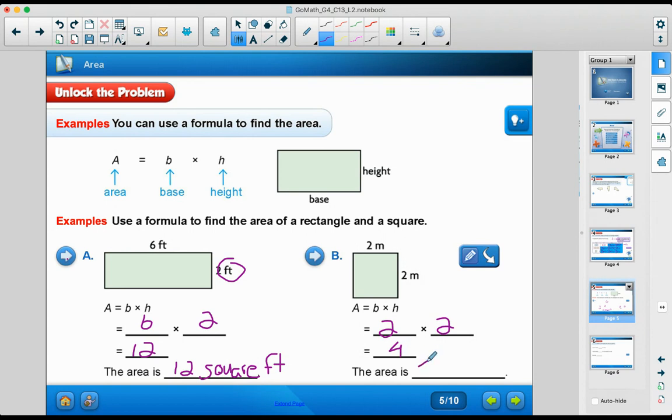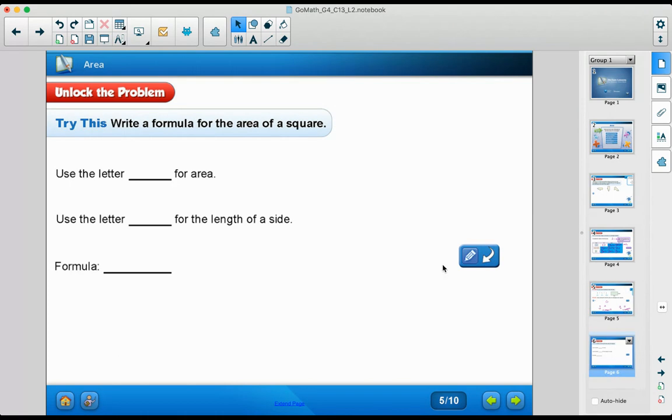So the area is 4 square, and what is it? M, square meters. You could just write M. Okay, we did those 2 problems. We will go just to the bottom of that page.